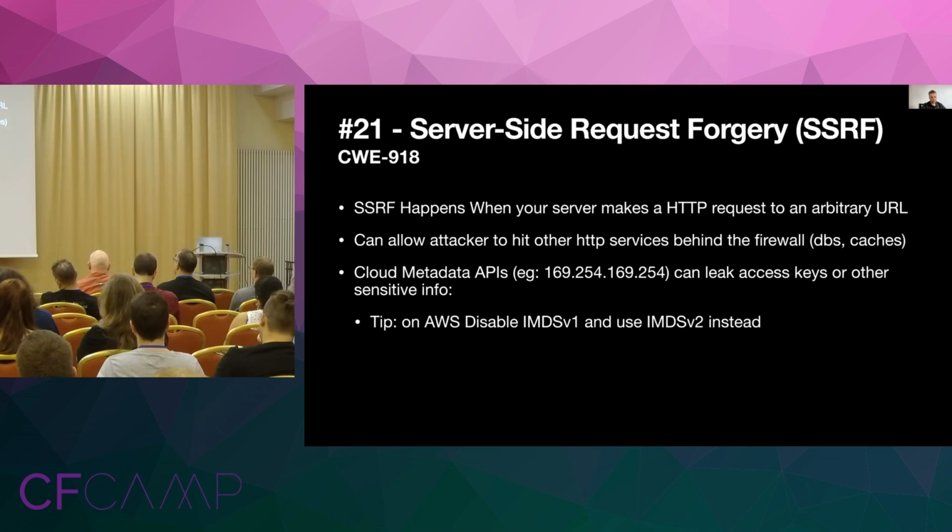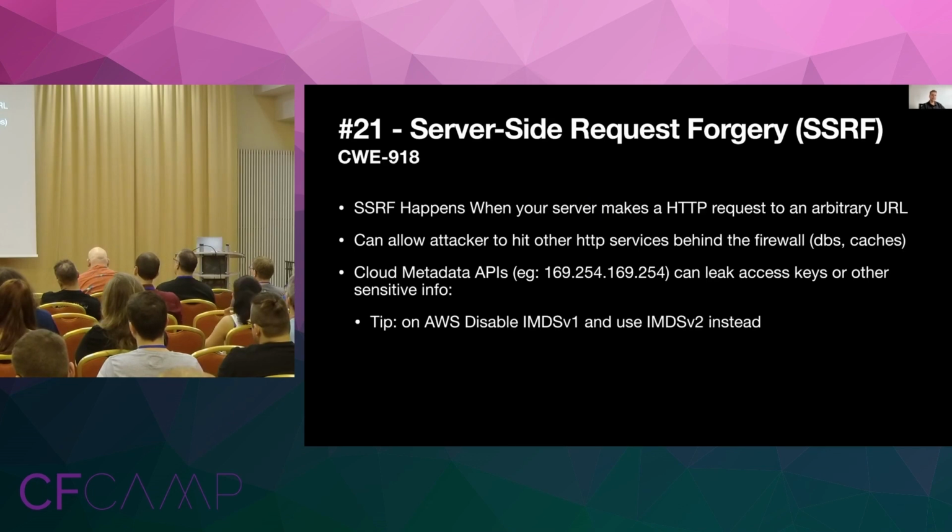Another place where this has been pretty prevalent are the cloud metadata APIs. If you're not familiar with that, any cloud provider like AWS, Azure, Google Cloud, even DigitalOcean, Linode, have these cloud metadata IP addresses where if you make an HTTP request to this IP from your server, they have a little API set up on that IP address that will return instance metadata about your, like if it's an EC2 instance, it will include all sorts of metadata.